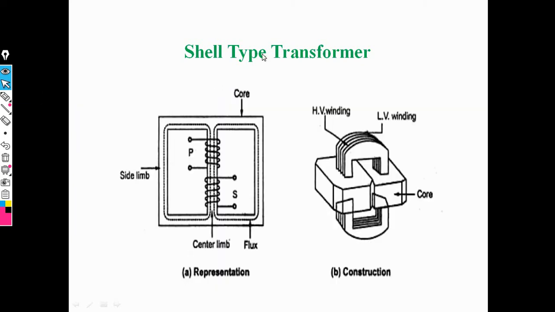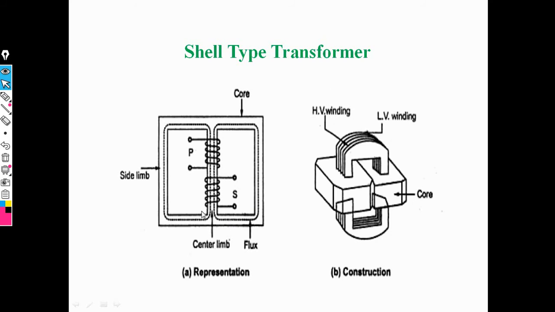Now this is another diagram of the shell type transformer. P indicates the primary side, S indicates the secondary side. Now this is the transformer core. This is the first side limb, this is the second side limb, and this is the central limb.